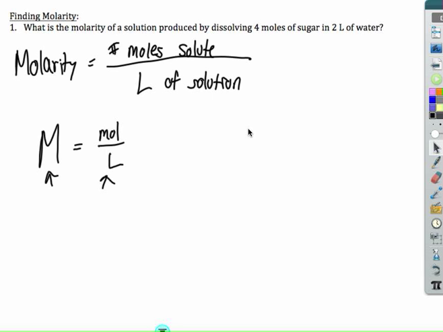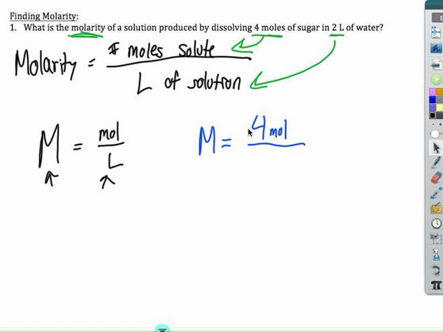It says, what is the molarity of a solution produced by dissolving 4 moles of sugar in 2 liters of water? Okay, so we're looking for molarity. That's our unknown. So we take our moles of solute divided by our liters of solution. So the molarity is equal to 4 moles divided by 2 liters.